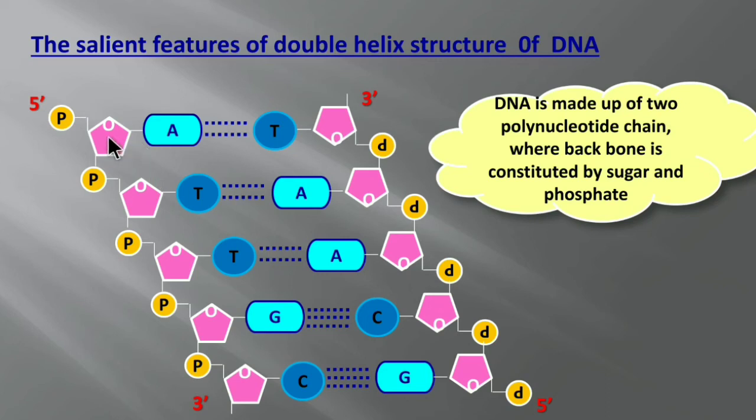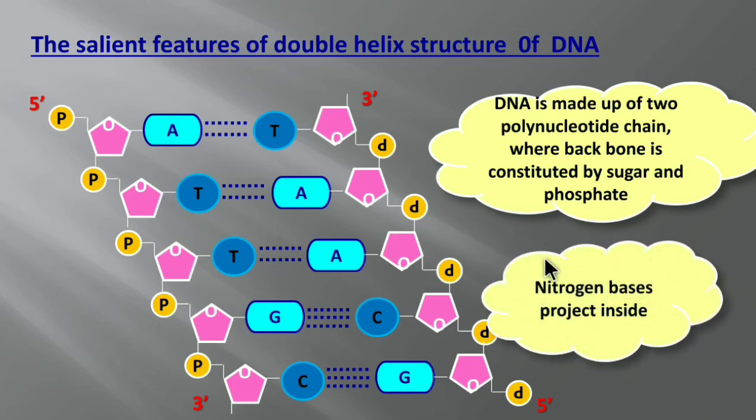The repeated sugar and phosphate form the backbone, whereas the nitrogen bases are located at right angles to the backbone, that means they project inside. This is the first characteristic feature.